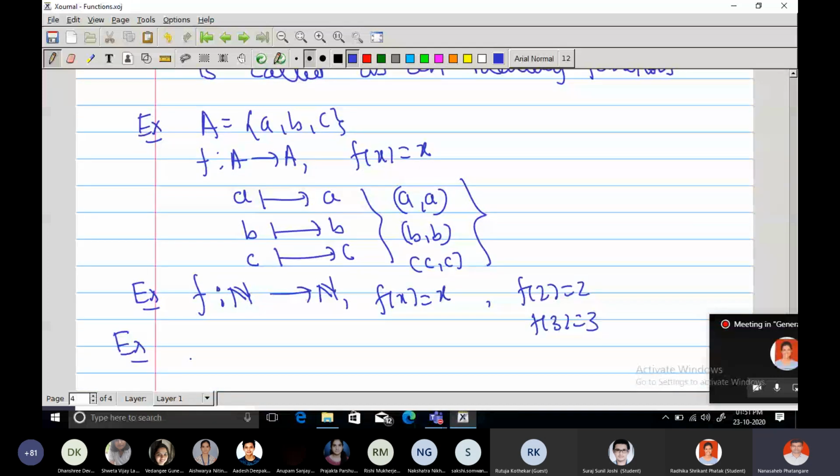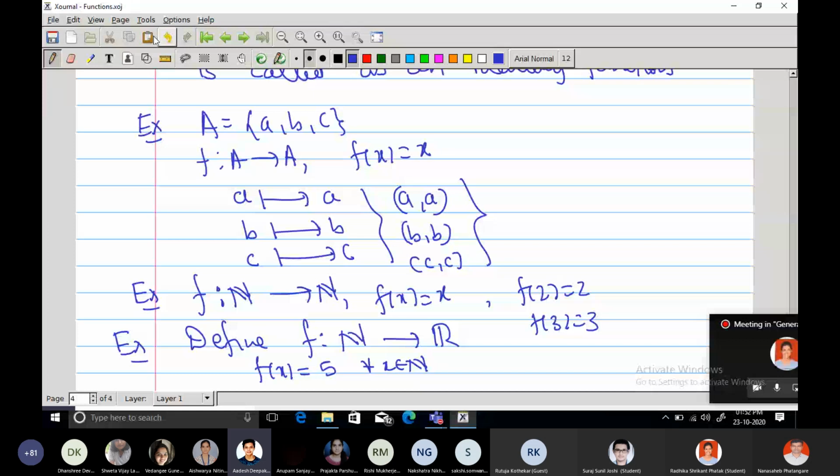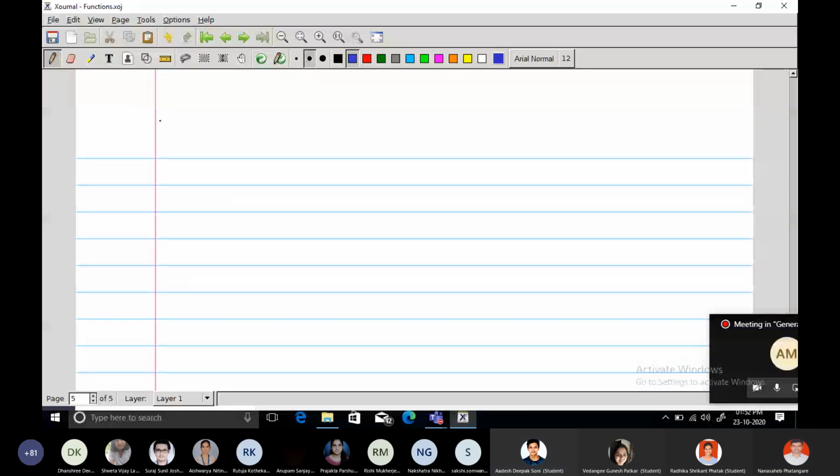So define f from natural numbers to real numbers, for example, f of x is equal to 5 for all x in N. What can you say about this function? Sir, it is a sequence. With any value of x, we will get the value 5.